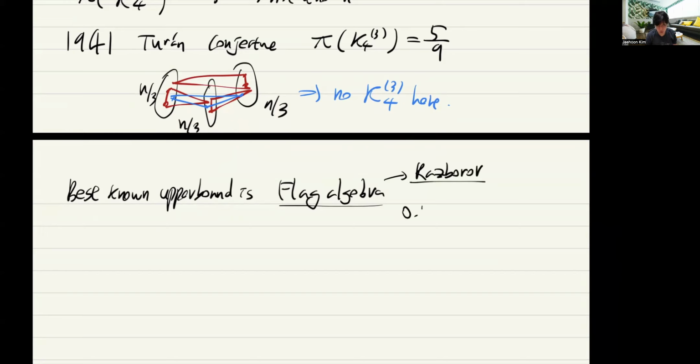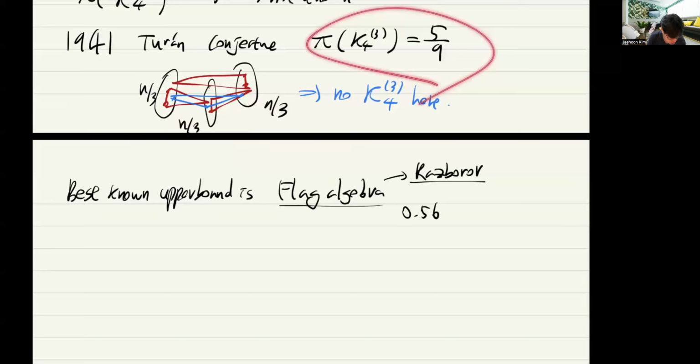It's something like 0.56. I don't need to remember the exact upper bound. The best known upper bound might be slightly better than this, but it's slightly above 5/9, and this is not known.